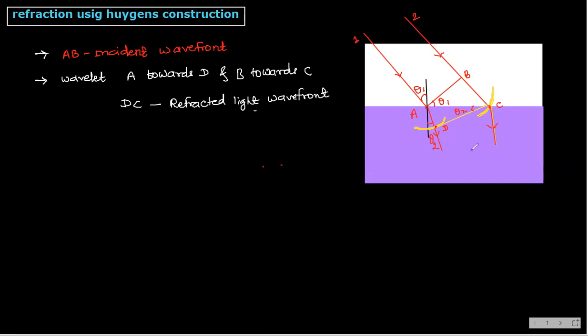Now you see this medium, which I have denoted with purple color. In the denser medium, velocity of light is more or less? Tell me, in the denser medium, velocity of light is less. Yes, no? Therefore, what happens? Tell me.